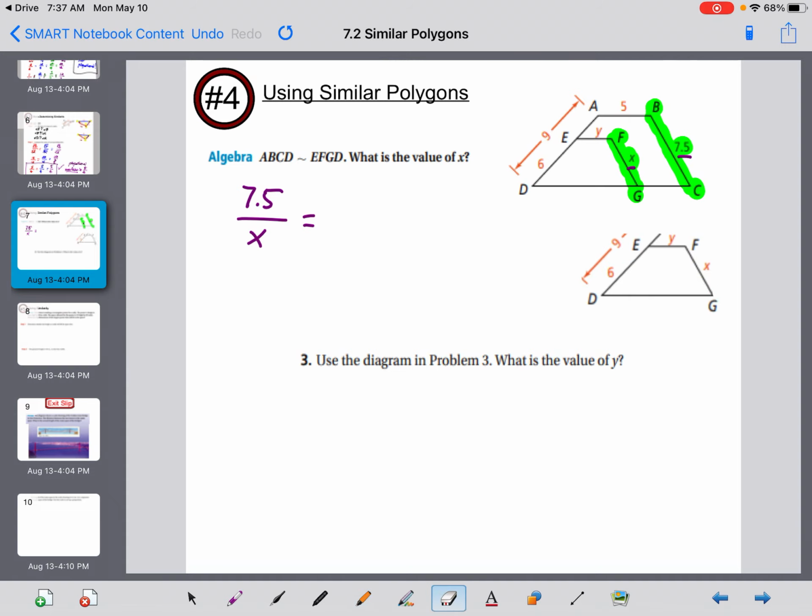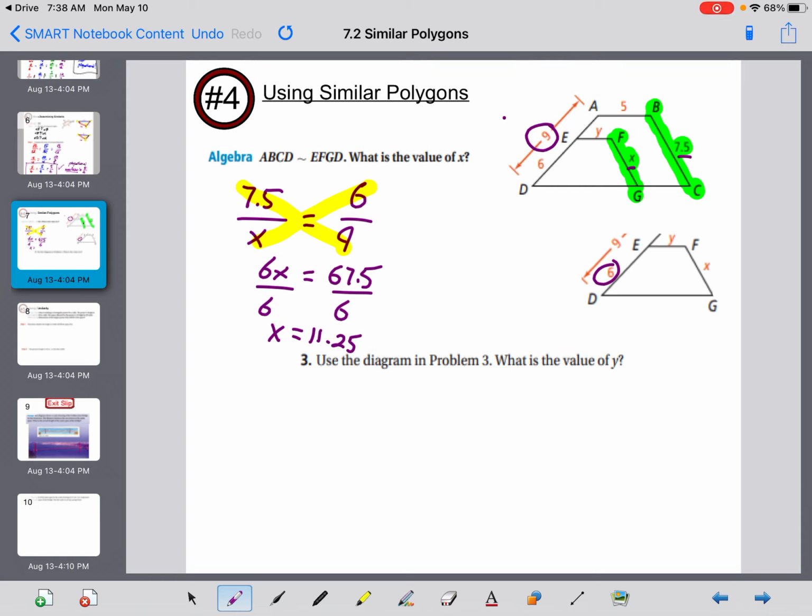So I see right here, ED is 6 over, okay, the entire length is 9. And then all we have to do is cross multiply like we've been doing from last week. 6 times x is 6x. 7.5 times 9 is 67.5. Divide both sides by 6. Okay, and x is equal to 11.25.